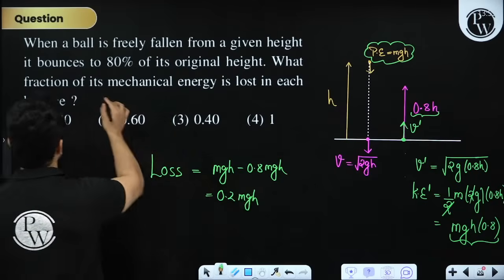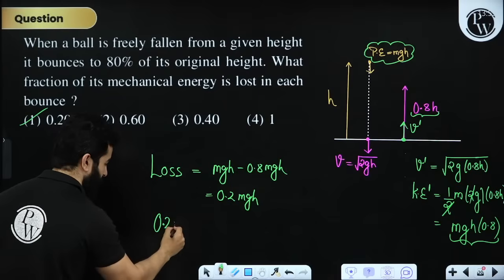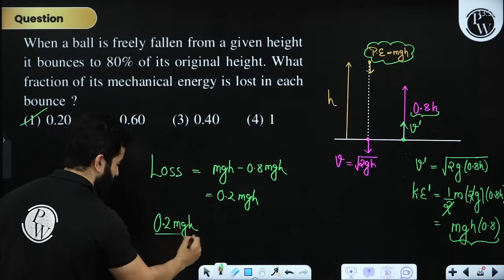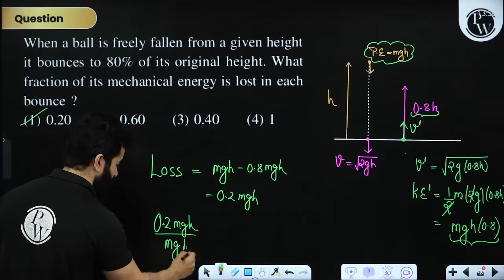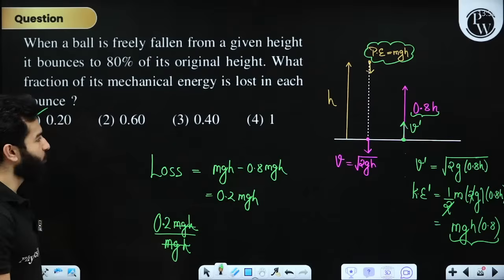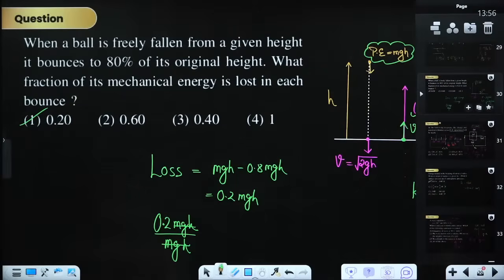So they were talking about fraction of energy lost. So fraction basically means energy lost divided by initial. So initial was mgh. So 0.20. Done, kids? Clear?